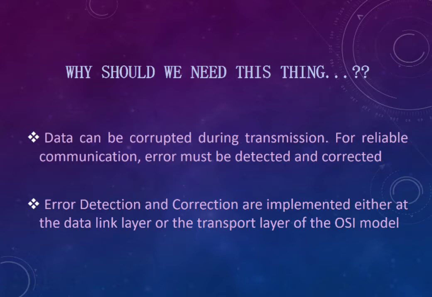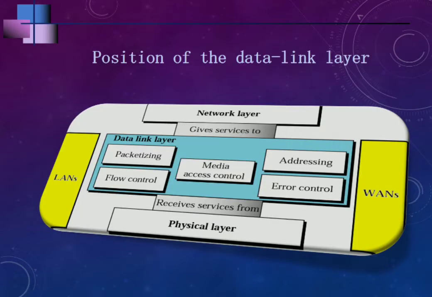So first of all, we are aware of the position of the data link layer. Basically, the data link layer is the second layer in the OSI model.